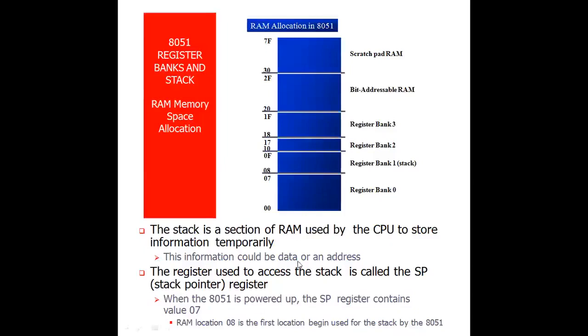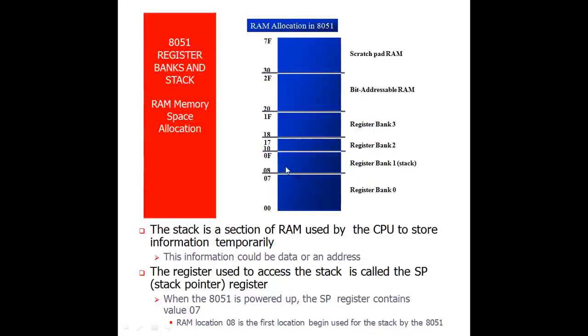So whenever it is executing the relevant instruction, RAM location 08 is the first location which will be used as the stack by the 8051 microcontroller. The 8051 will find that location 08, which is reserved for register R0 from bank 0.